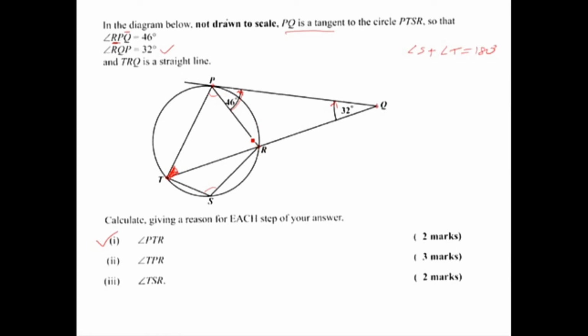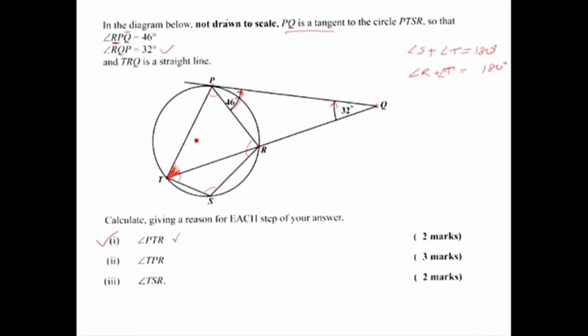What else do we know? We know angle R plus angle T down here is also equal to 180 degrees. When I say angle T, I'm not talking about this little angle right there. I'm talking about the entire angle there. So looking at that, now we need to find angle PTR.